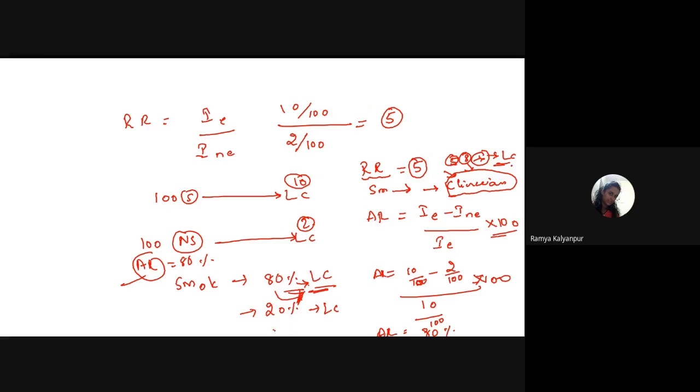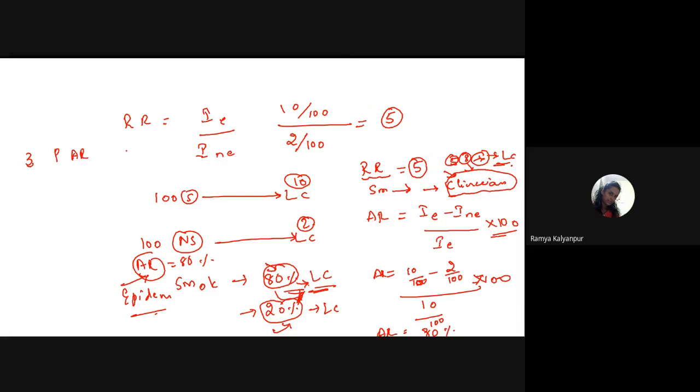So maybe 20% is due to other causes, and 80% is certain because of smoking itself. This attributable risk is very important for the epidemiologist. Students, are you clear with this? Yes, ma'am.